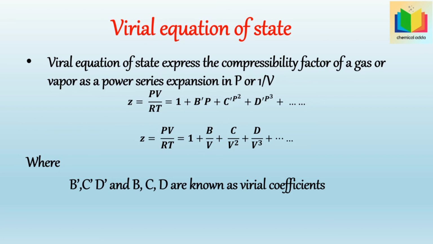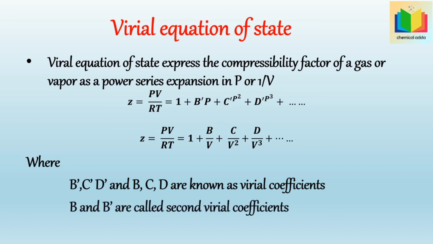The coefficients also can be given physical interpretation, and they account for the molecular interactions, where B and B dash are called second virial coefficients, which take into account deviations from ideal behavior, which result from interactions between two molecules.